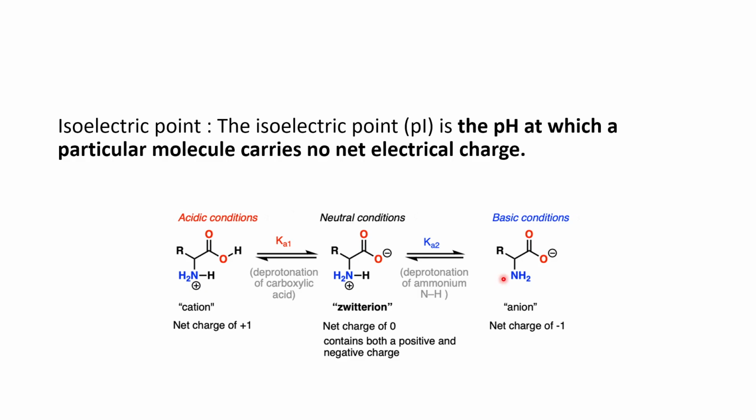The hydrogen goes away, and as a result the molecule becomes negatively charged. So this is pI, the isoelectric point, where the molecule is neutral in charge. If the pH is less than pI, the molecule is positively charged. But if the pH is greater than pI, the molecule is negatively charged.